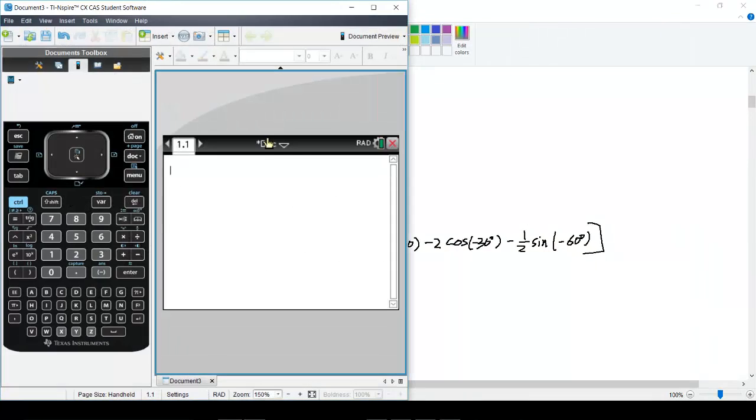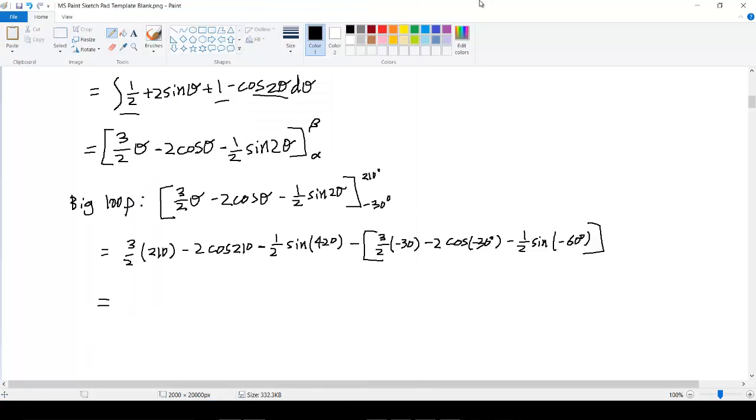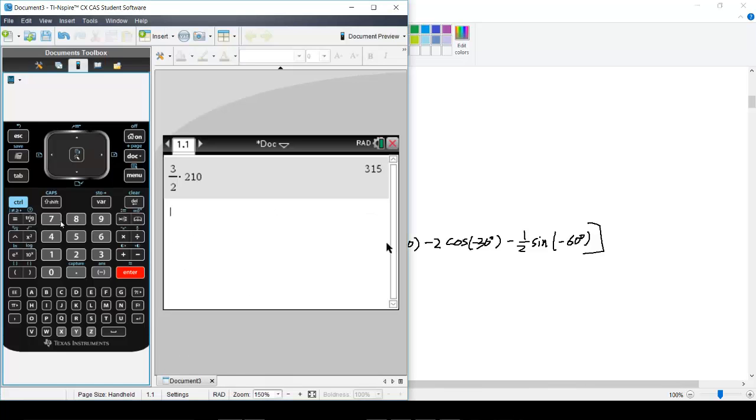So it's starting at the beginning. We have 3/2 times 210. That's going to be 315, minus 2 times the cosine of 210.